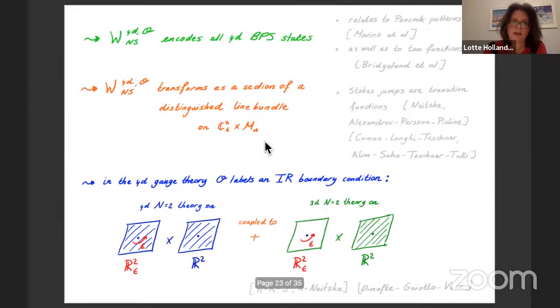Right, so this makes connections to other things. For instance, it shows that this generalized superpotential encodes all 4d BPS states, because the 4d BPS states exactly correspond to these active rays.